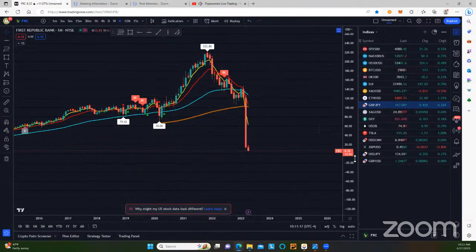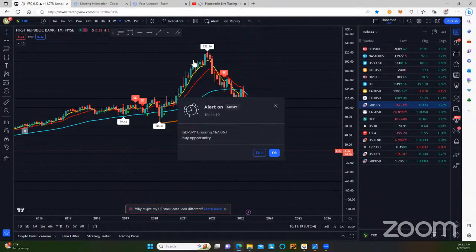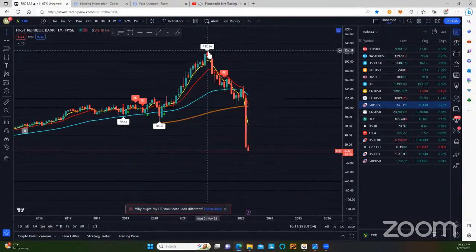Now it's down to $6.32 from $222. And how long did it take it to fall that much? My goodness, right? So when did this happen? It peaked in November 21, so 2 years ago.